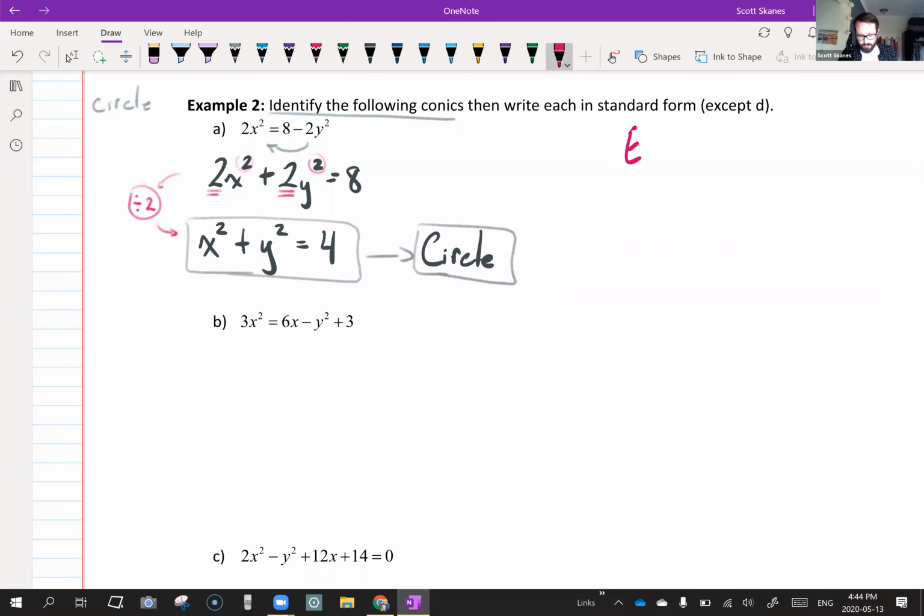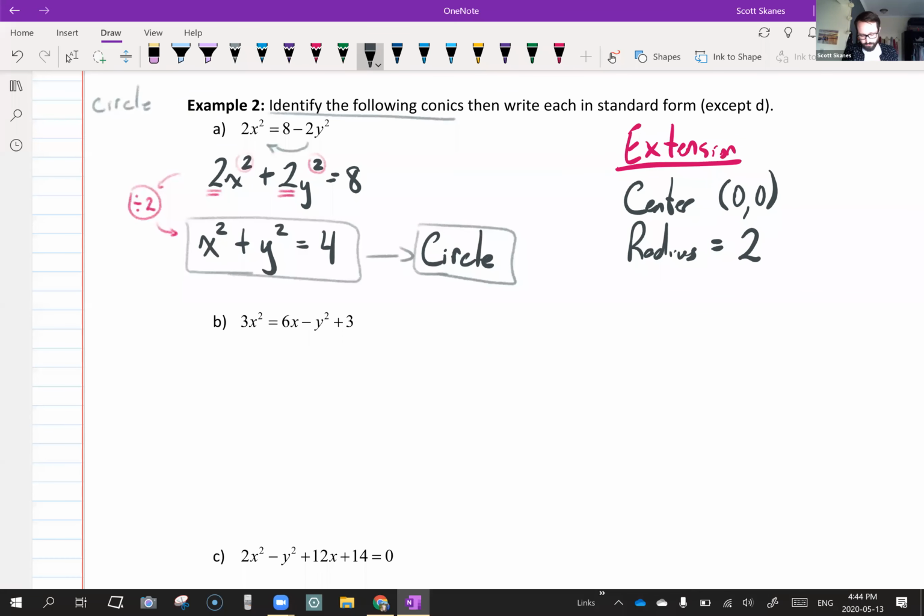As an extension, which I mean, it's not asked in this question, but just something that I could ask you if I wanted to in a different way. Tell me what the center is. Okay, in this case, the center is 0, 0. Tell me what the radius is. And in this case, the radius is 2. All right, that would be sort of extra things that you would need to normally know about the circle. For example, I would give you this, and you have to give me back that.